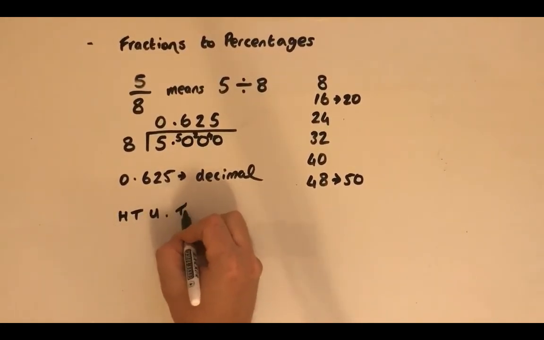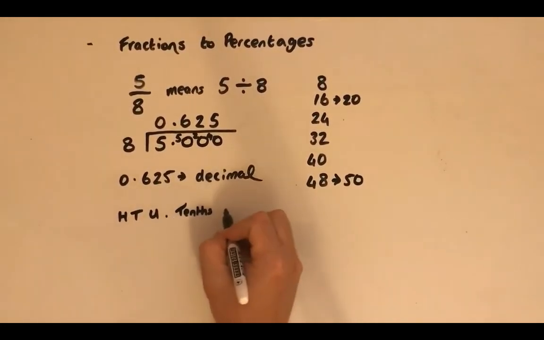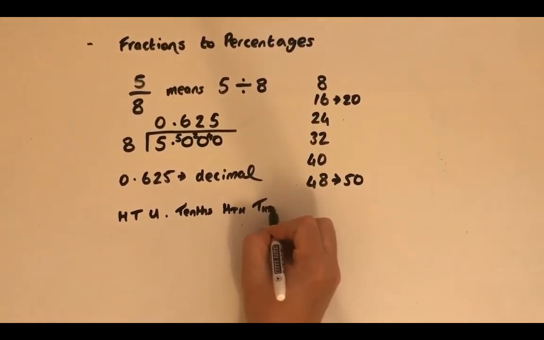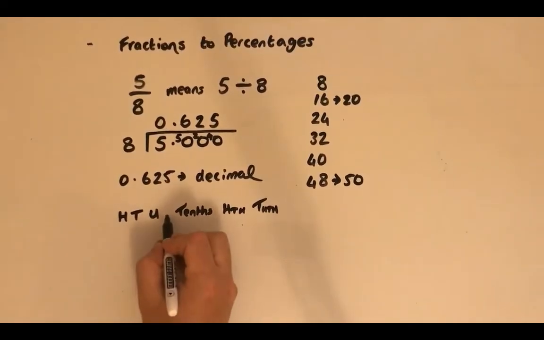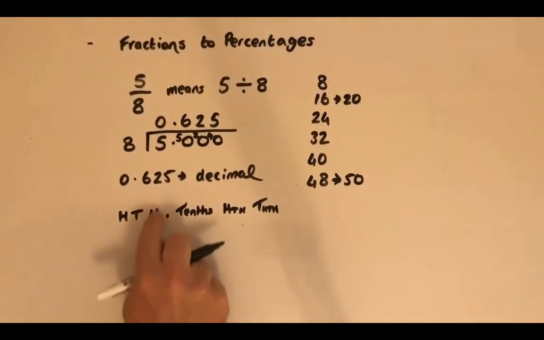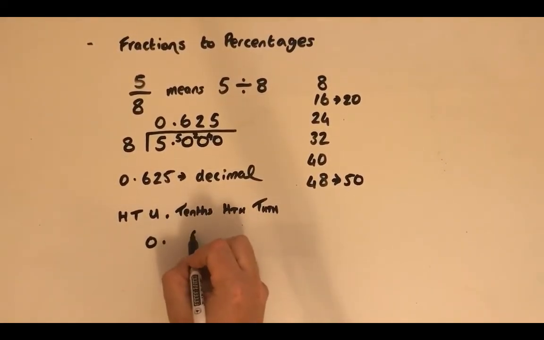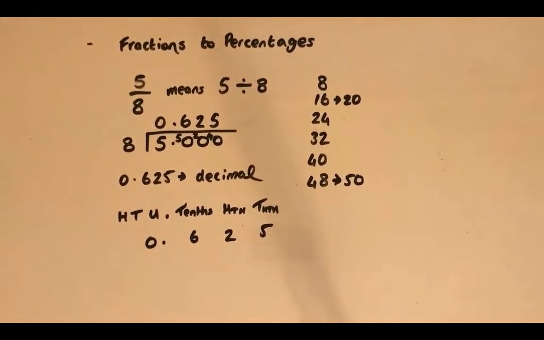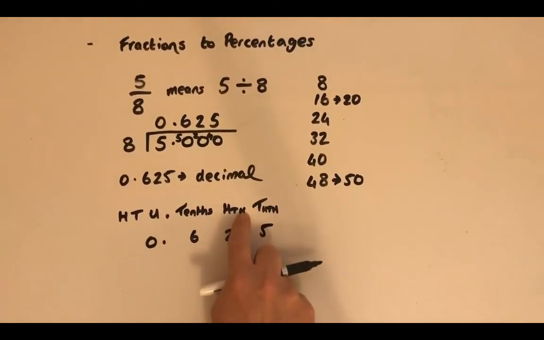So we'll do that as units. I know that can be a bit of a mix-up with units in volume and measurement, but that's your ones column. Decimal point there, so we've got 0 ones, a decimal point, 6 tenths, 2 hundredths, and 5 thousandths. What we want to know is how many hundredths we have.